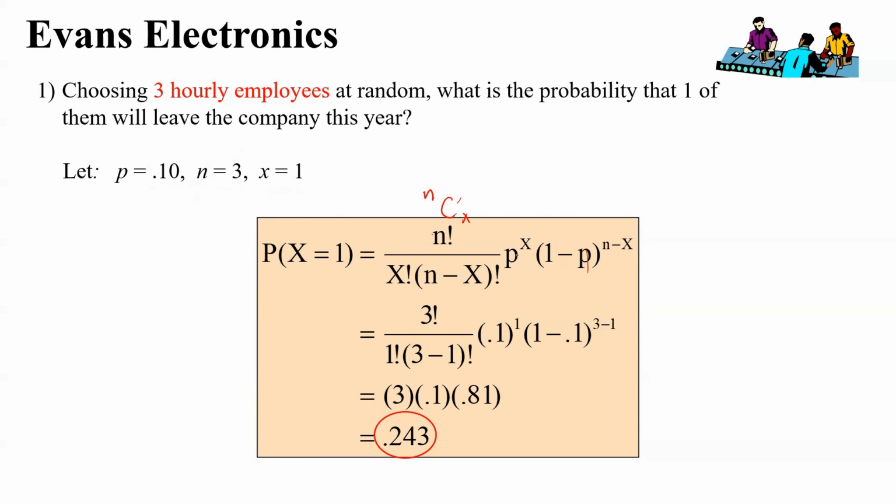The probability of success p is 10%, so 0.1 to the power of 1 multiplied by 1 minus 0.1 to the power of 3 minus 1. Simplify and you get 0.243. So you can conclude there is a 24.3% chance that one employee will leave the company this year. That's how you calculate.